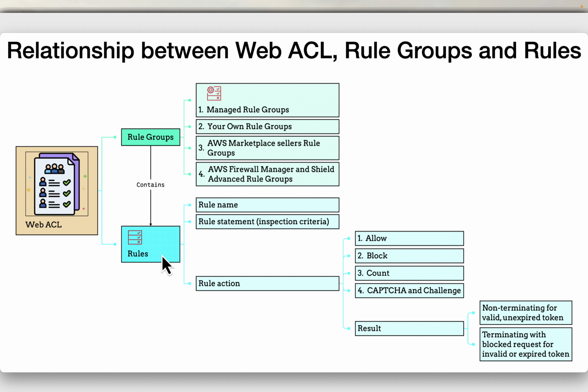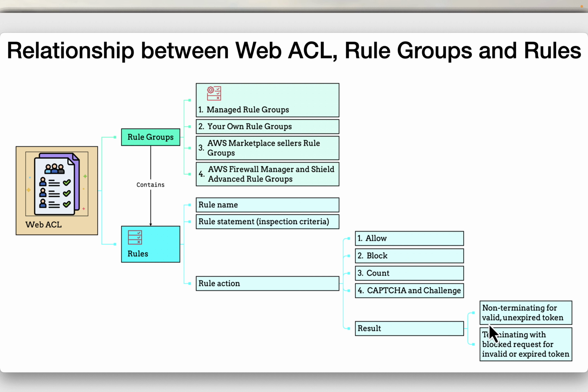And finally, rule is the lowest unit, and a single rule contains a rule name, a rule statement, which is an inspection criteria, and then you have rule action, which are basically allow, block, count, CAPTCHA and challenge. And based on the action, it can finally result in a result which can be non-terminating.